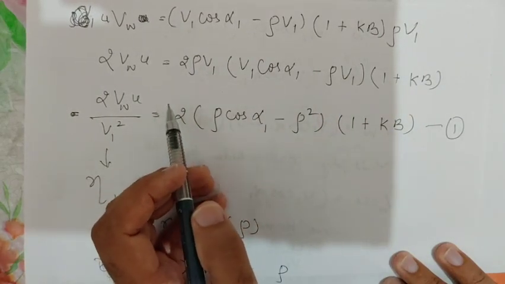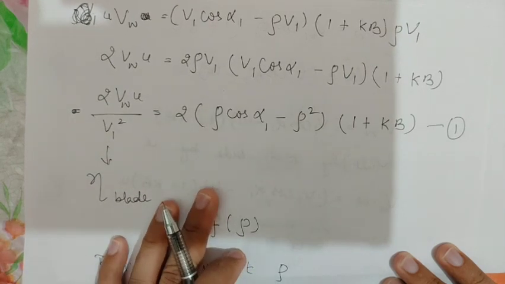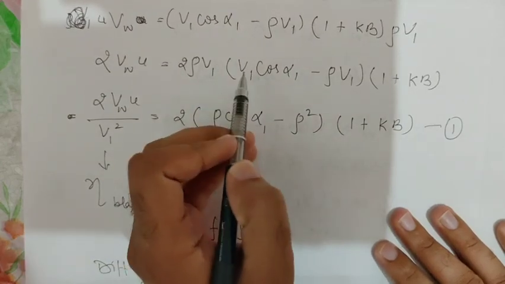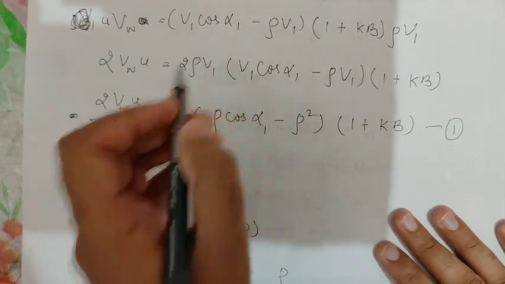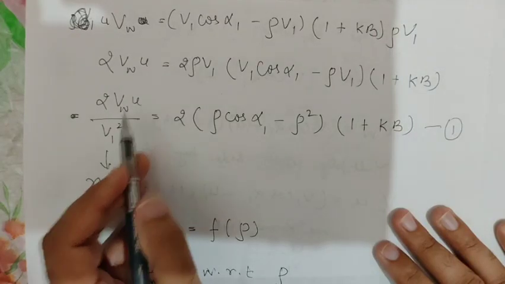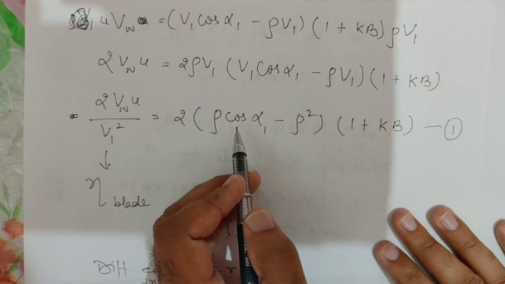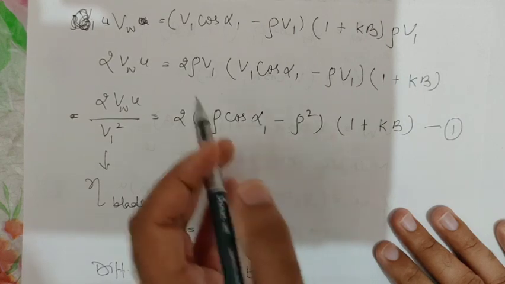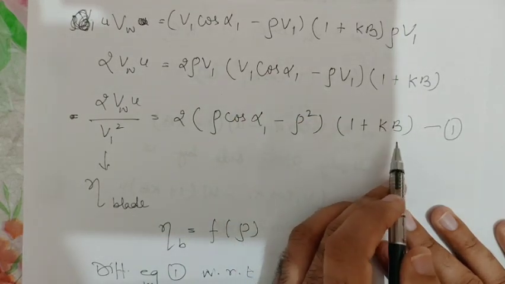Now what we have done, taking this v1 common, it will become v1 square. So 2vwu divided by v1 square equals 2 rho cos alpha 1 minus rho, we have taken rho in this bracket, 1 plus kb.